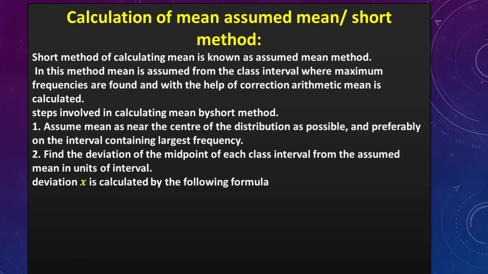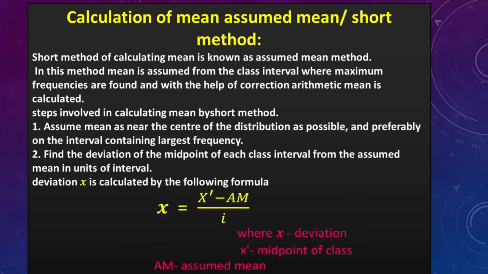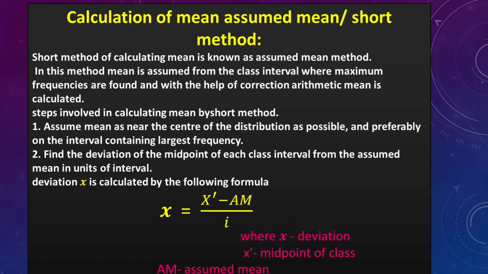So what is that deviation we will see now. It is represented by x and calculated using the formula x = (x' - AM) / I, where x represents deviation, x' is the midpoint of each class interval, AM is called the assumed mean, and I is the size of the class interval.